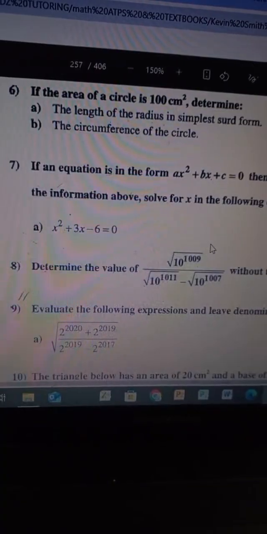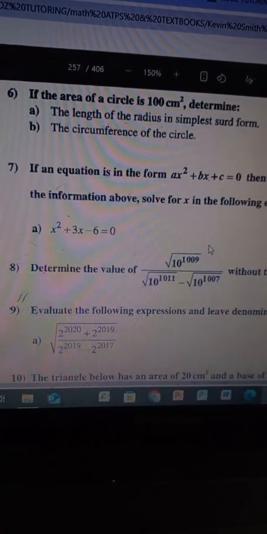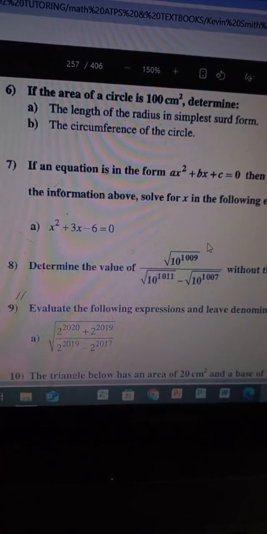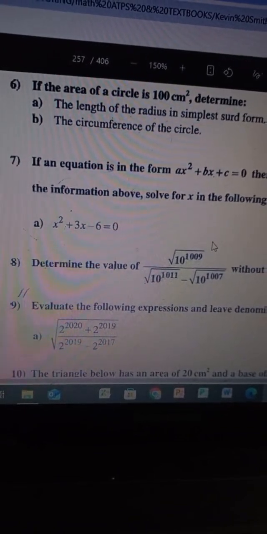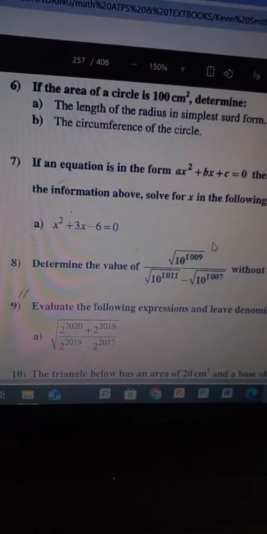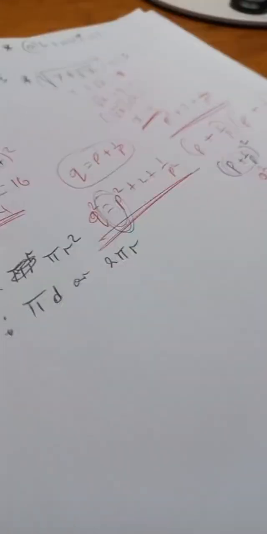If you want to calculate perimeter, it's pi d or 2 pi r, right?